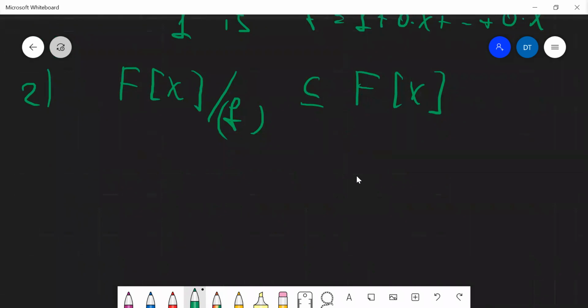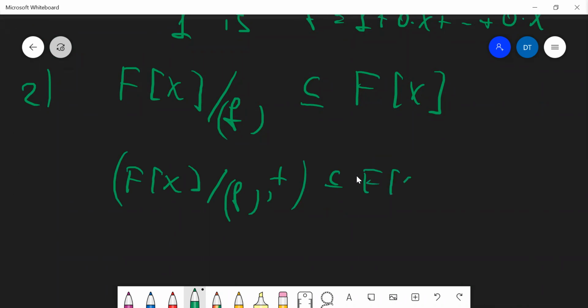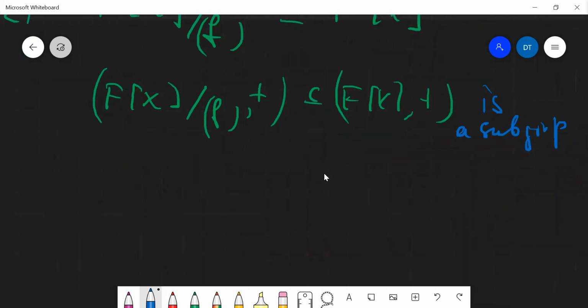But the left-hand side is not a subring in the right-hand side. If I add addition, then f of x modular f with addition is an abelian subgroup here, is a subgroup. But if you add multiplication, then the left-hand side is not a subring.